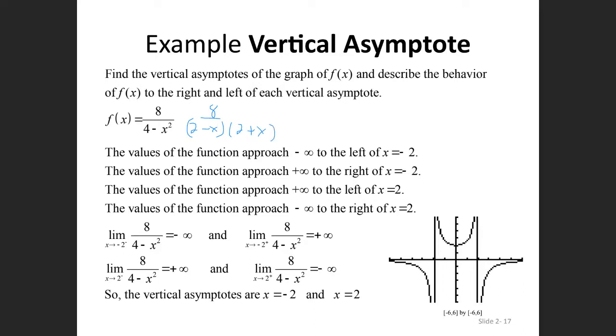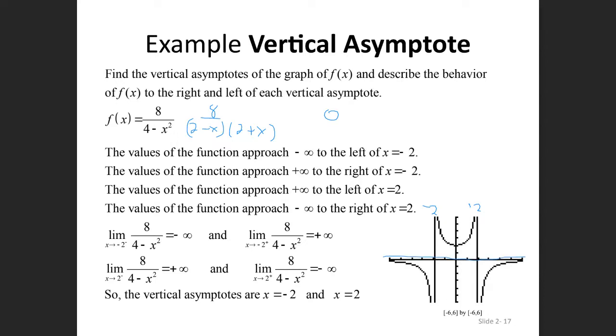So I know at negative 2 and positive 2 there's a vertical asymptote. And I know there's a horizontal asymptote at 0. Why do I know that? Because it's a small number over a big number. Small over big, 0. So I know that there's a horizontal asymptote here.